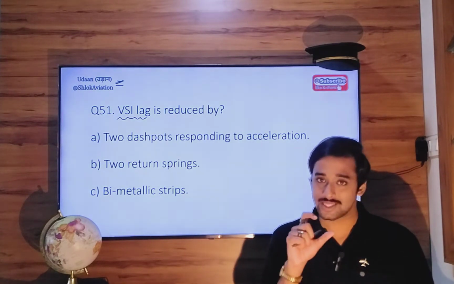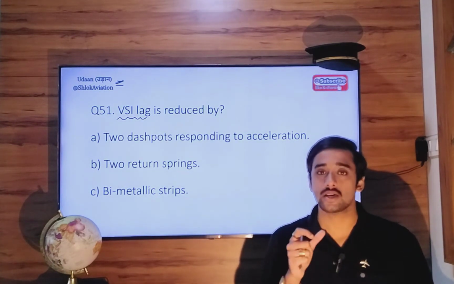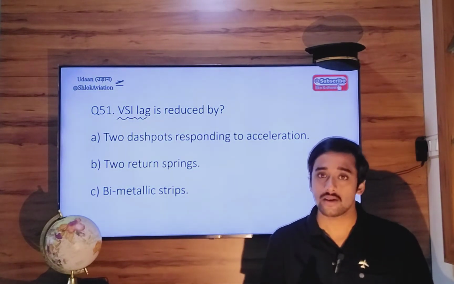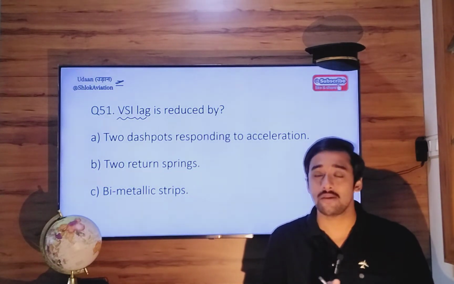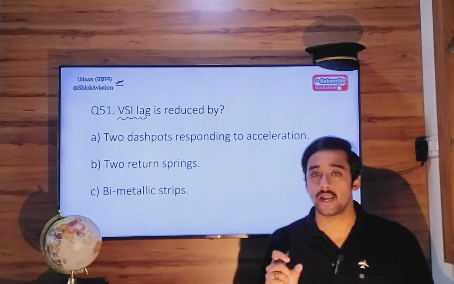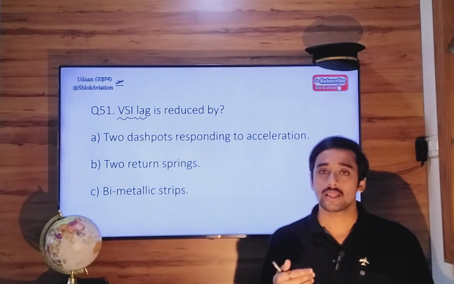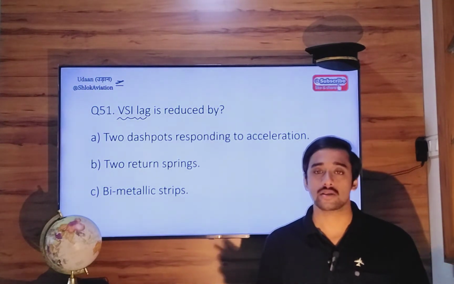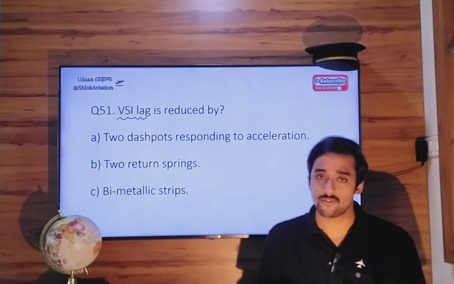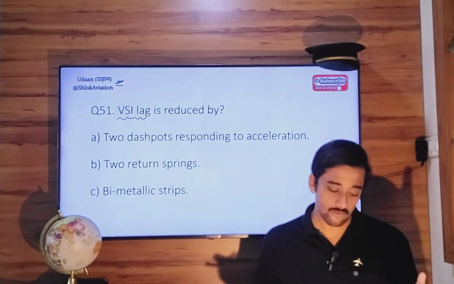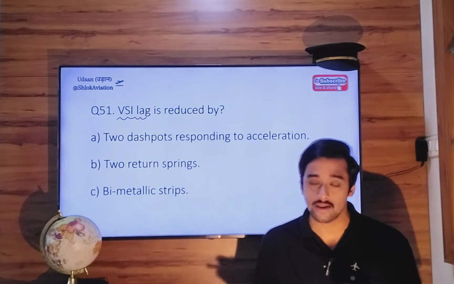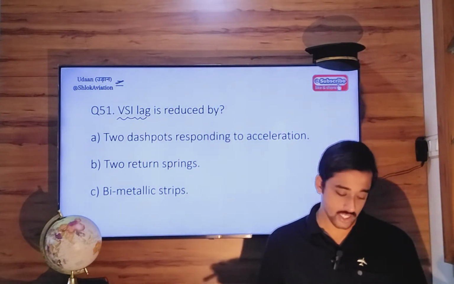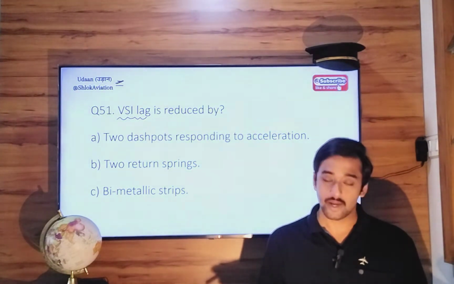So this change in static pressure is registered a bit late, after some lag, by the vertical speed indicator, and therefore the indication shown by it takes a few seconds. This error is called VSI lag, and it is reduced by two dashpots responding to acceleration, two springs, by metallic strips.